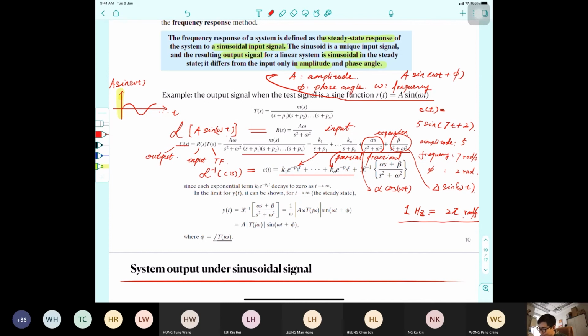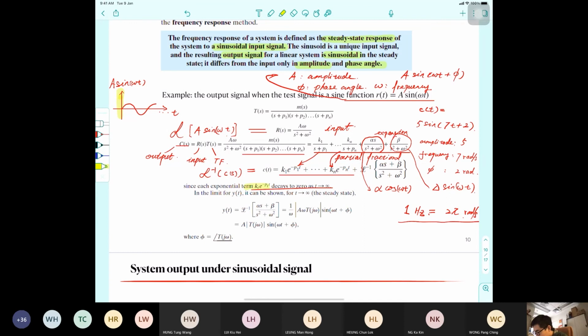When t comes to infinity, what will this element be? 0, right? It will decay to 0. Do you know why?